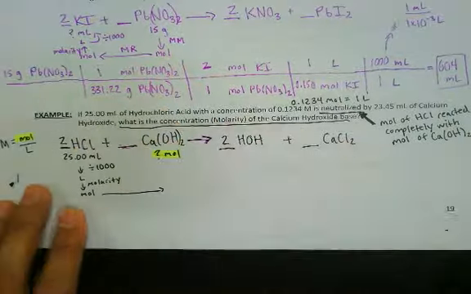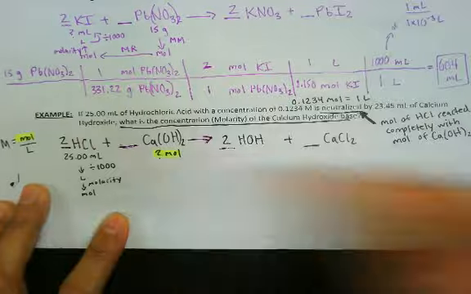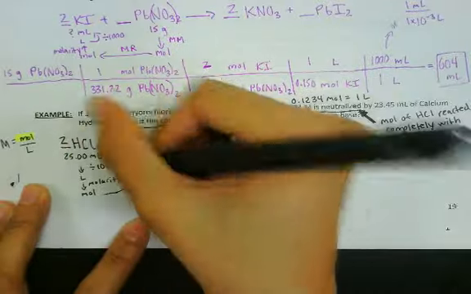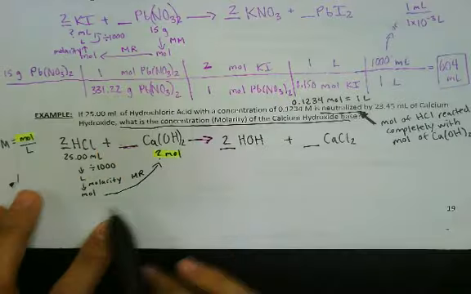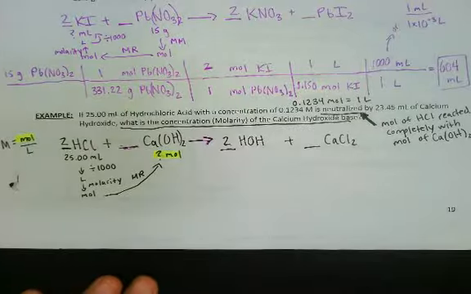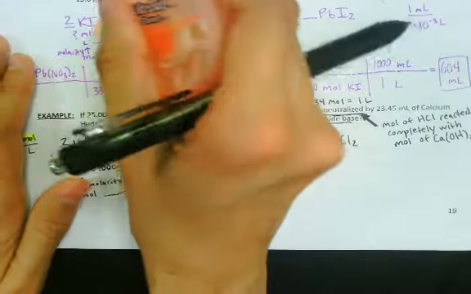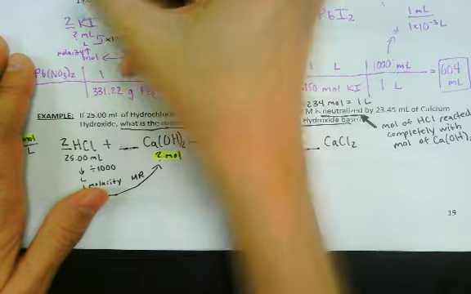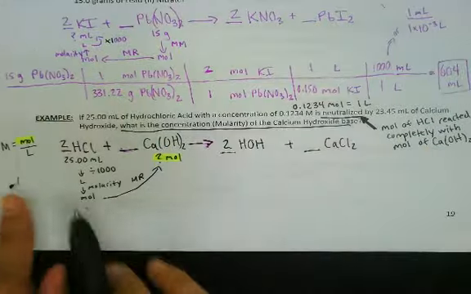And then we can go to moles of this using our mole ratio. And I just realized that I put divided by 1,000 up here when it should have been times 1,000. Sorry about that error, y'all. It should have been times 1,000.